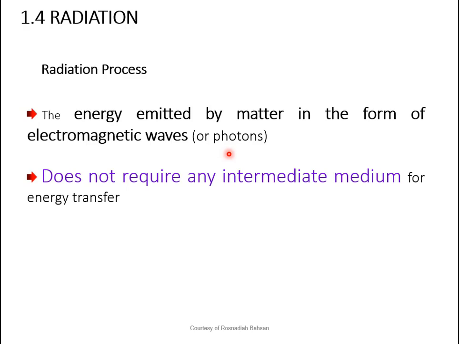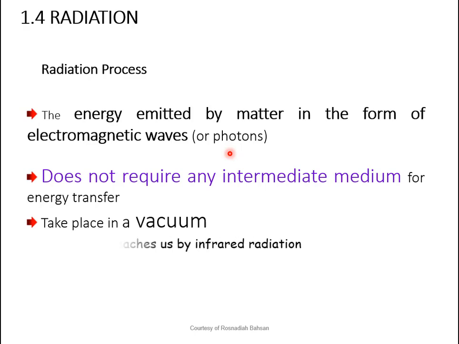For conduction we need a solid medium. For convection we need a combination of solid and moving fluid medium. But not for radiation. It can take place in a vacuum, without a moving fluid.